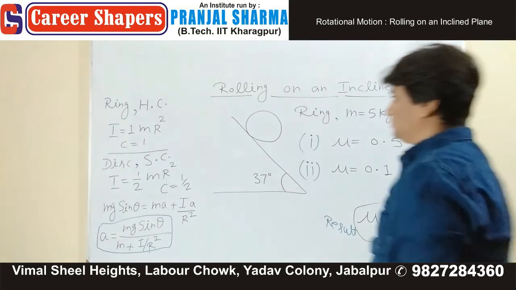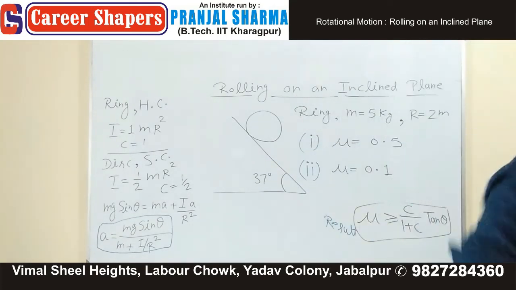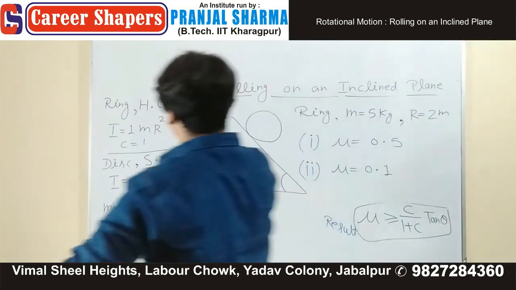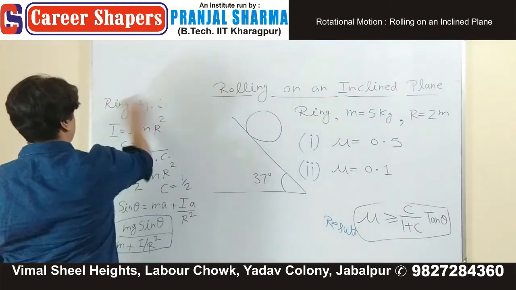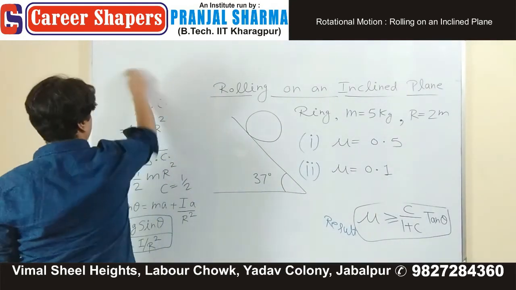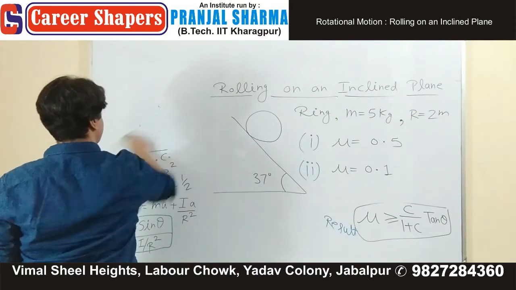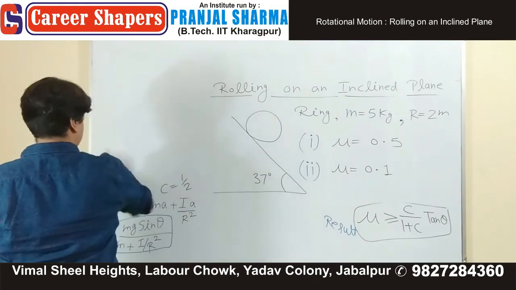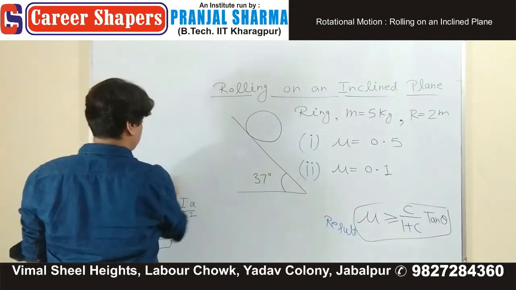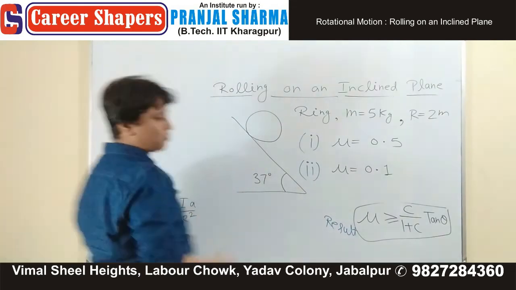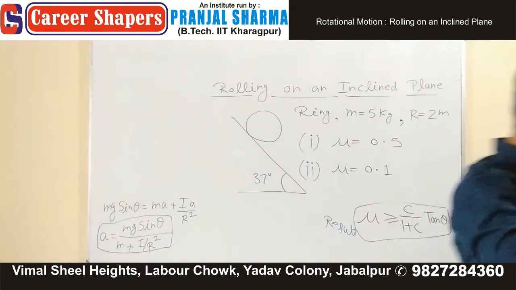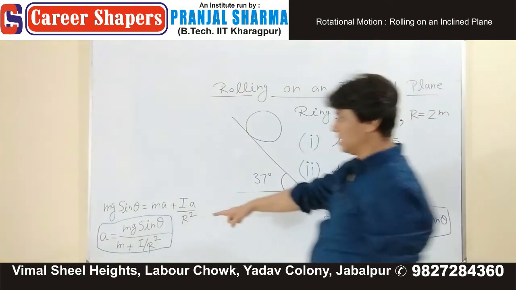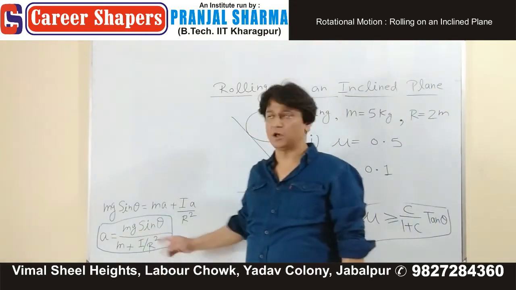Look, whenever they give you a question like this of rolling, you cannot straight away use a as mg sine theta upon this.